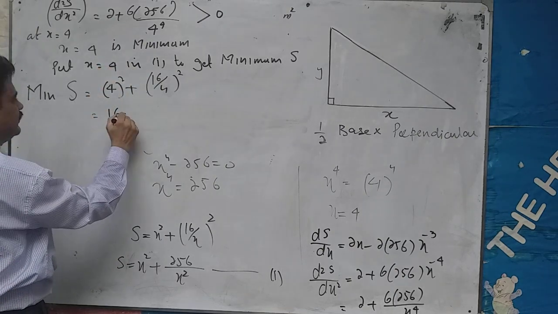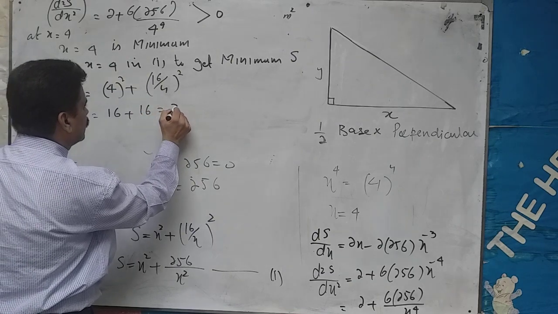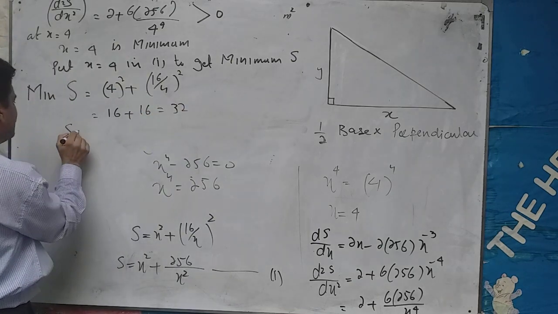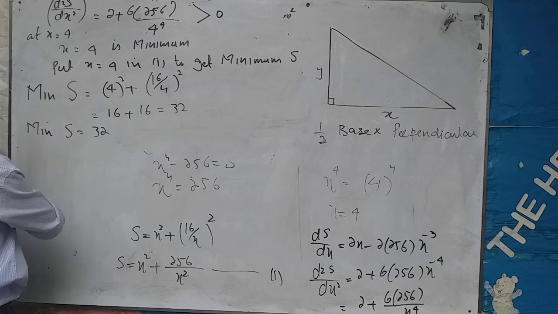Square of 4 is 16, and 16 by 4 is 4, square again 16, which is equal to 32. Minimum value of S is 32.